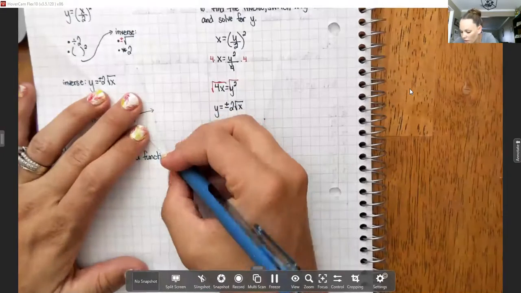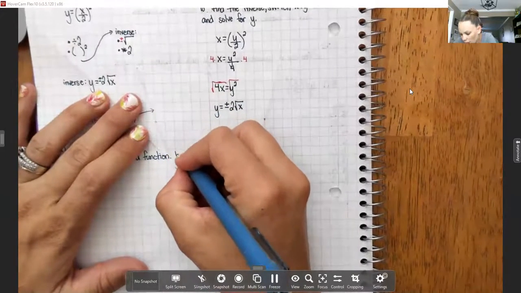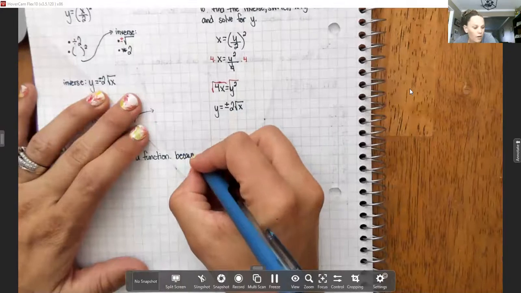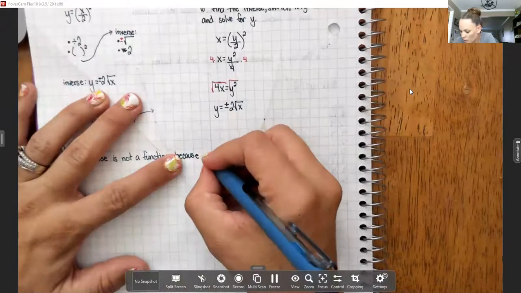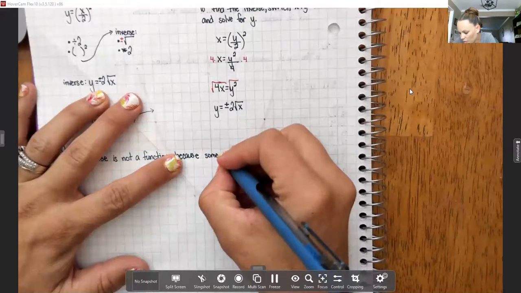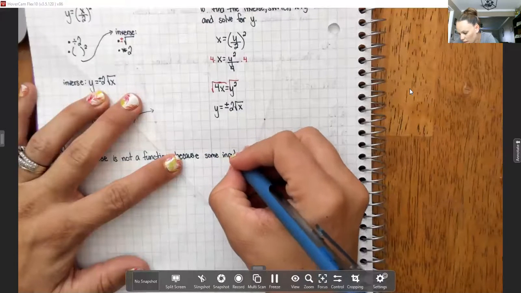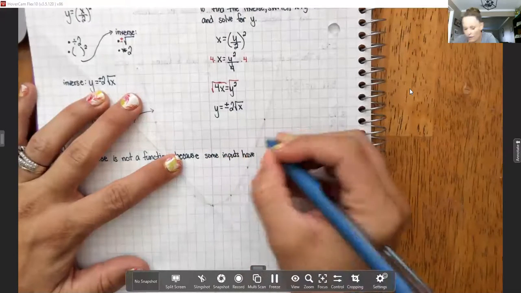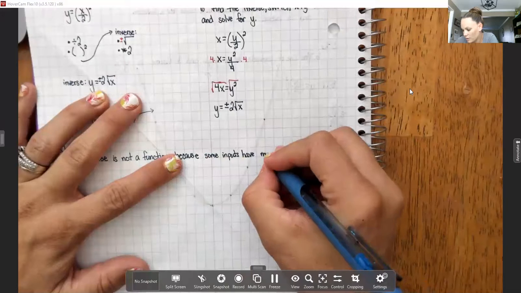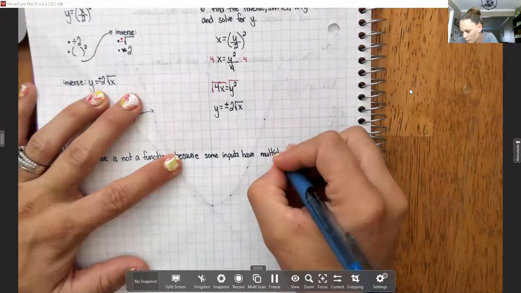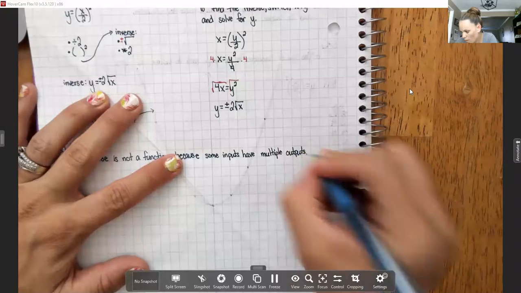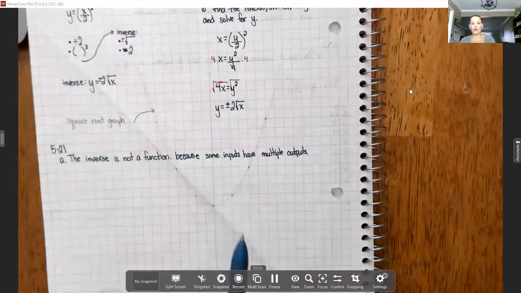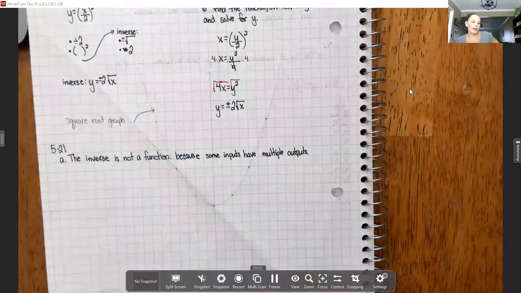I should write: because some inputs have multiple outputs. Remember, to be a function, every input has to only have one output. It has to be unique.